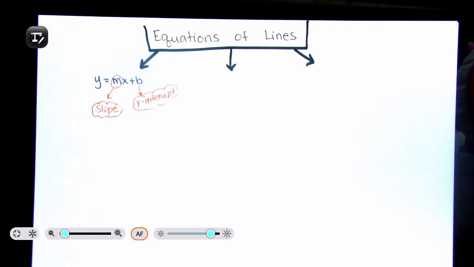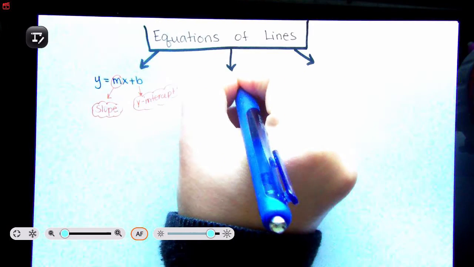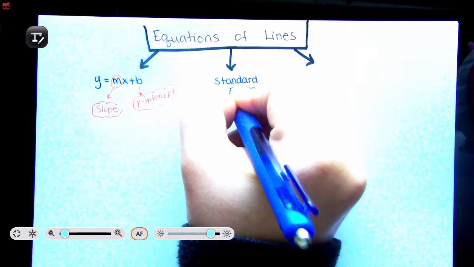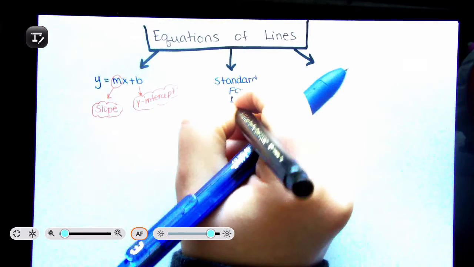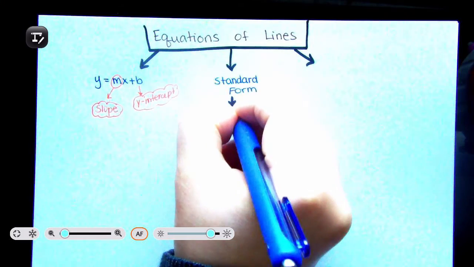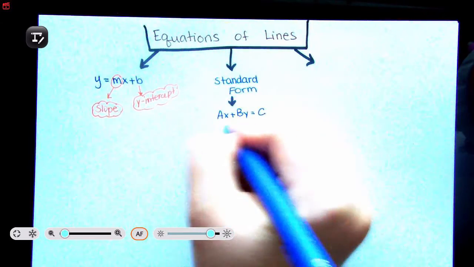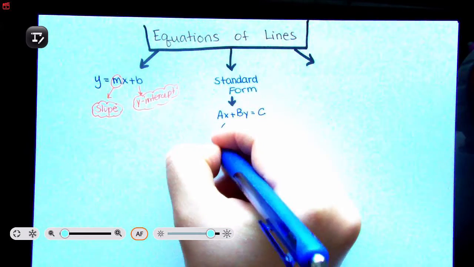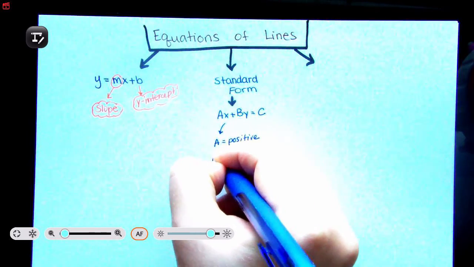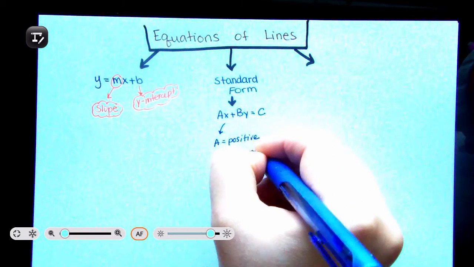The other type of equation we had was standard form. Standard form looks like this: Ax plus By equals C. For standard form, A had to be positive, and A, B, and C must be whole numbers, so you can't have fractions.